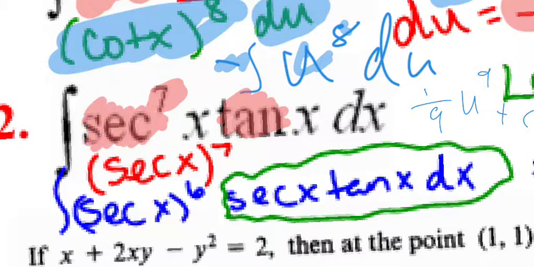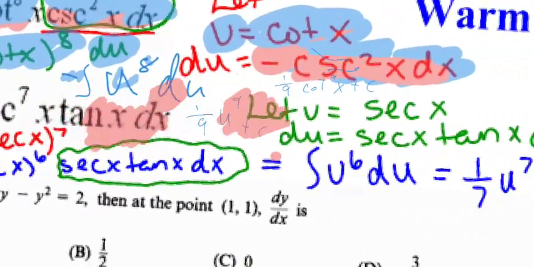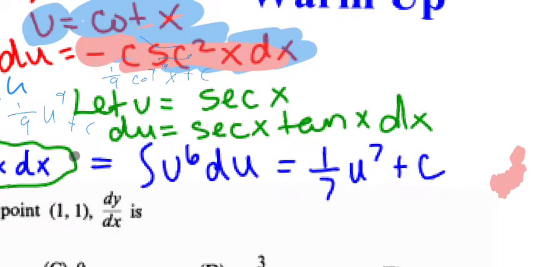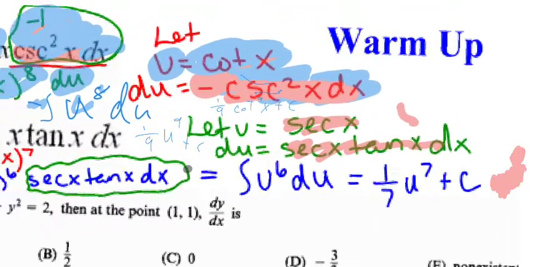If you let u equal secant, you notice that you're going to get secant tangent. At first look, this doesn't actually look ideal.